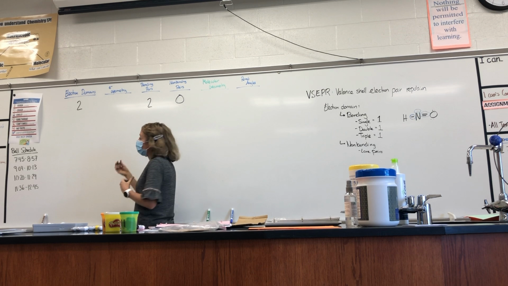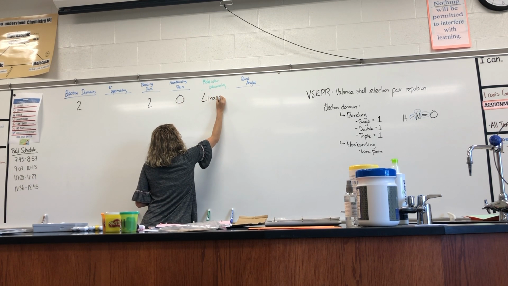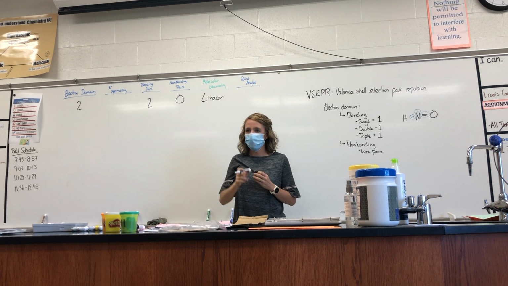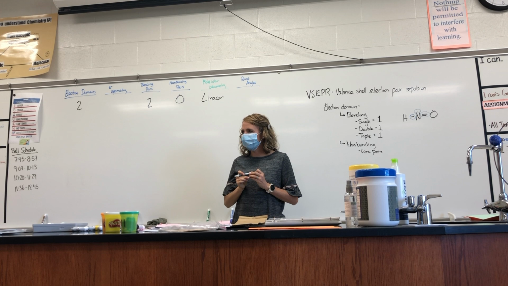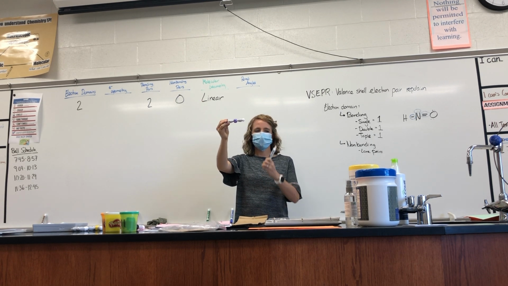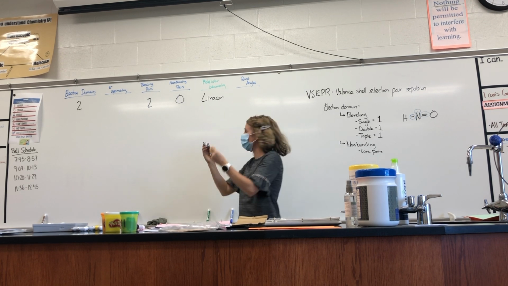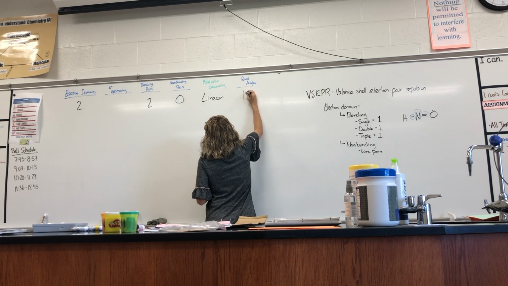The name of this shape is linear. That's a line, because it literally is a line. Make sense? What would be my bond angle here? Good. And bond angle, we're measuring toothpick to toothpick, by the way. So yeah, bond angle would be 180 degrees.